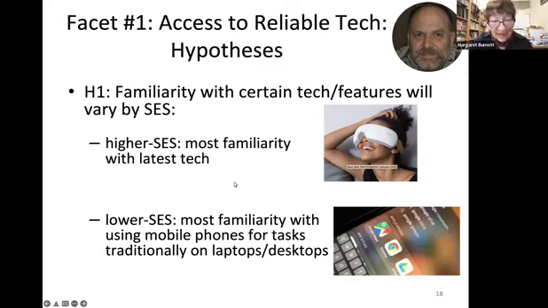But lower SES people are going to have the most familiarity with using mobile phones for tasks that other people require using a laptop or a desktop for. So they are much more flexible in the kinds of things that they can do on mobile phones. So what you're seeing here is different strengths.